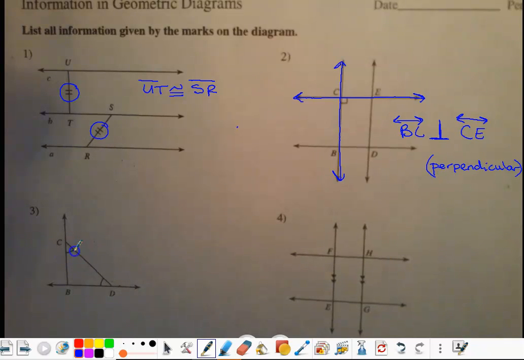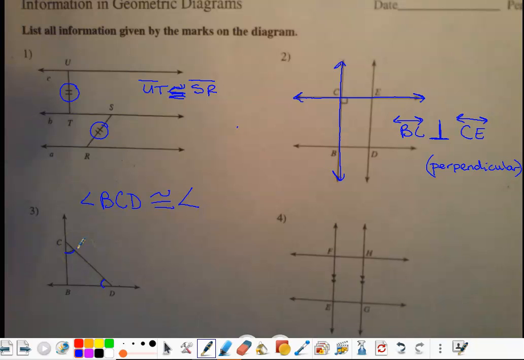Which angles? We can't call them C and D because D could apply to 2 of those angles, and C could apply to this angle and this one. So angle BC? Well, BC is a segment. BCD, good, is congruent to what?